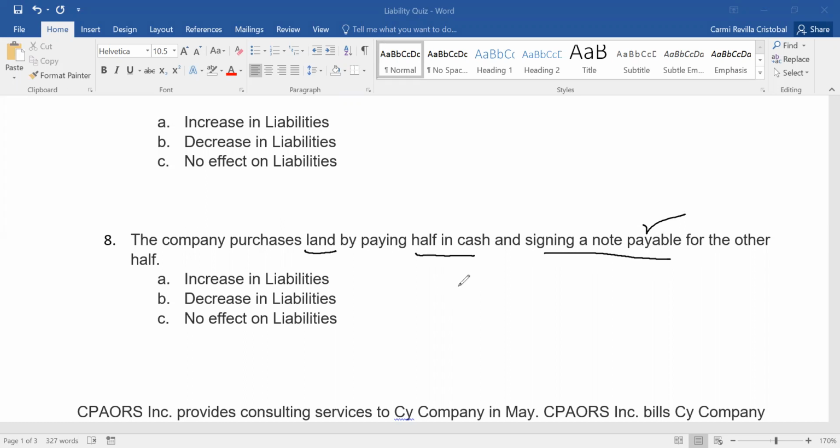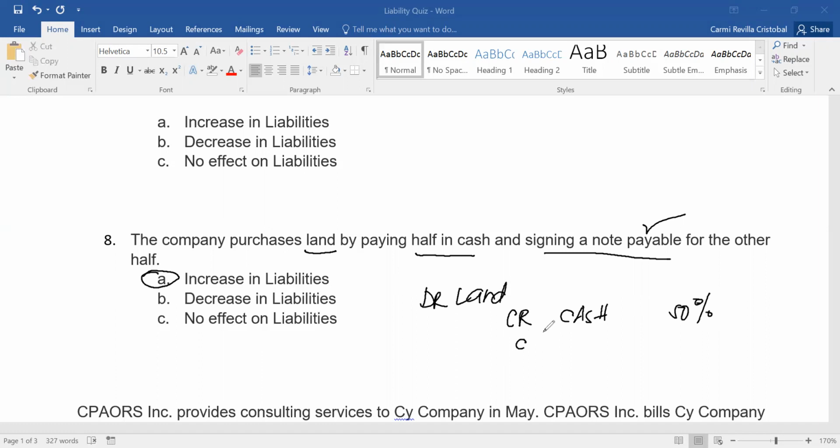So looks like kung shortcut method ako, hindi ko na i-entry, pwede ko nang sabihin na increase na ako ng liabilities. But, so long term, long cut muna, we are to debit that purchase, and you are to credit the cash for the half. Pwedeng compound entry.